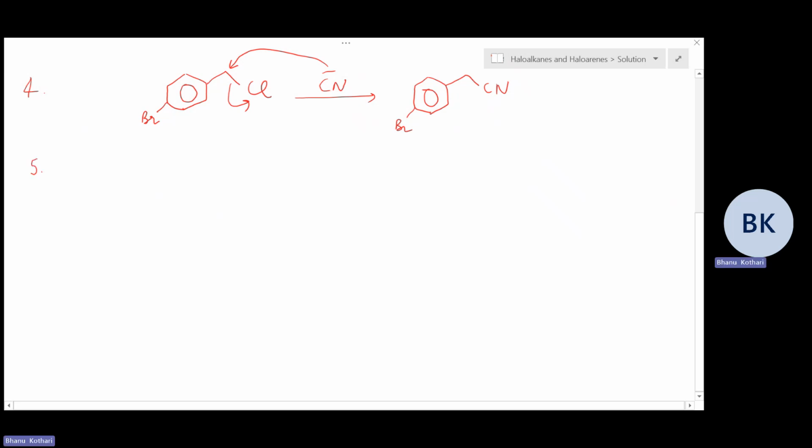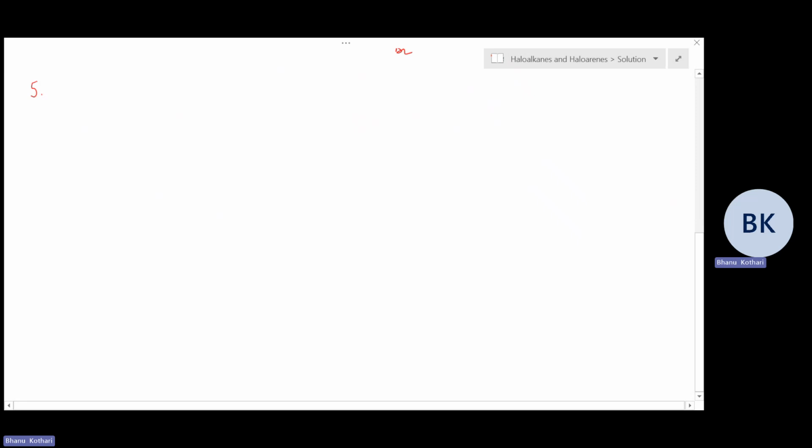The fifth question, what is the major product of the following reaction? So we have used excess of HBr. We have a double bond here and OH on this carbon. So what will happen? There will be OH2 plus. It will depart.